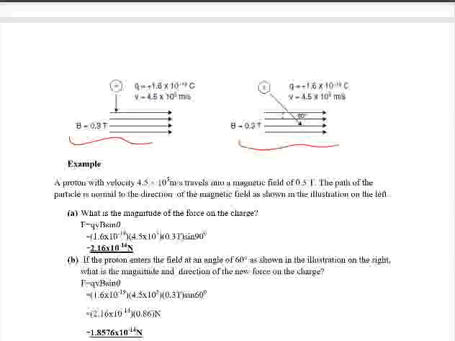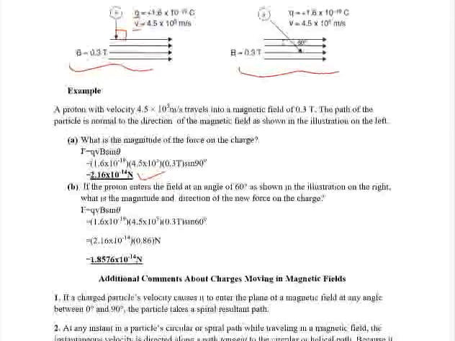Let us do A first. The charge is a positive charge, a proton, and the speed is also given. Since the angle here is 90 degrees, we can use sine 90 degrees, Q V times sine 90, and we get 2.16 times 10 to the power of minus 40 Newtons of force exerted.